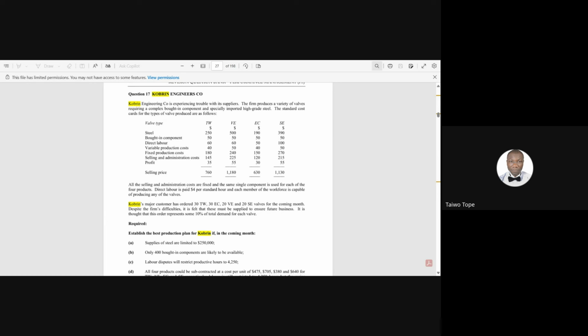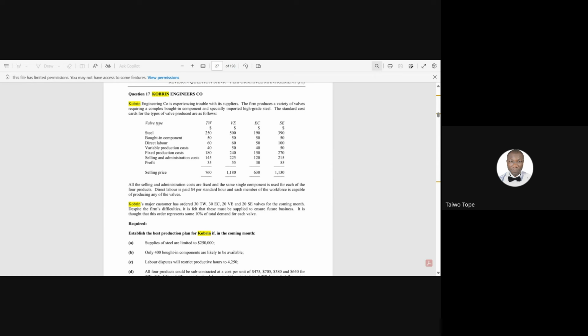So the components per unit is 1, 1, 1, 1.